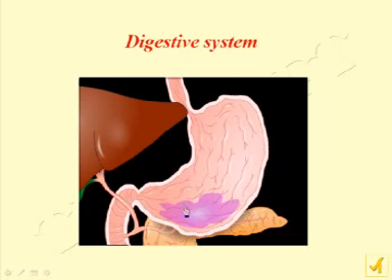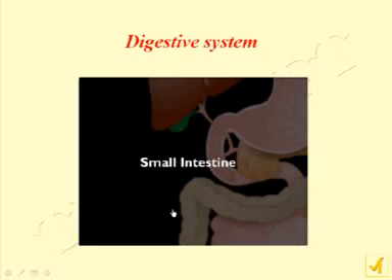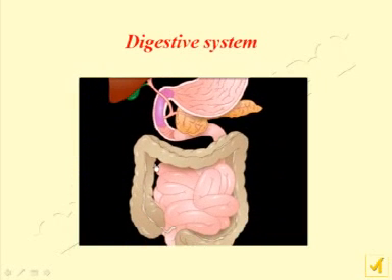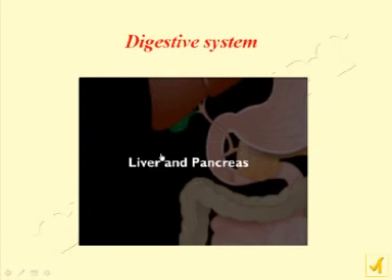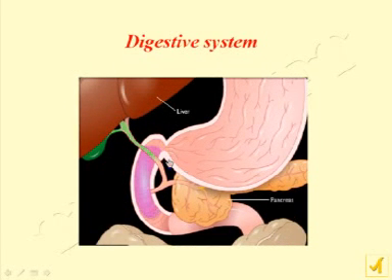The chyme exits the stomach through the pyloric sphincter and enters the small intestine, the major site of nutrient absorption. The small intestine consists of three parts: the duodenum, jejunum and ileum. Bile from the liver and digestive enzymes from the pancreas are emptied into the duodenum to aid in digestion. Absorbed nutrients pass from the lumen of the small intestine into the blood and lymph.